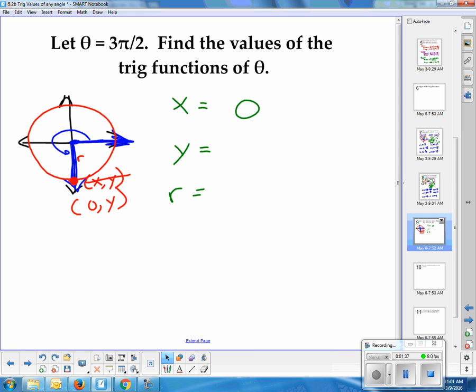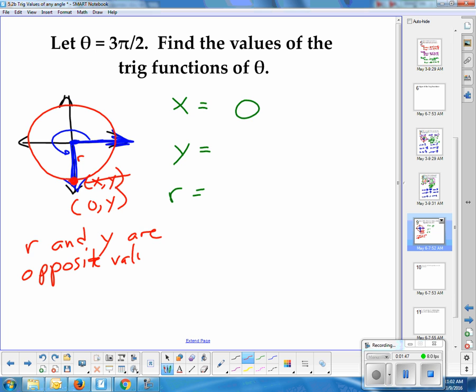The other thing that I know is that r and y are opposite values. Now, how do I know that? Well, the radius is simply going to be the distance from the origin to the point, and it just takes into account you measure the distance.